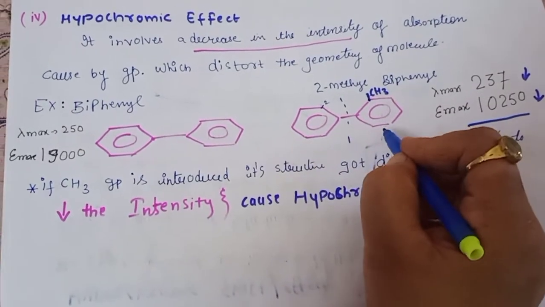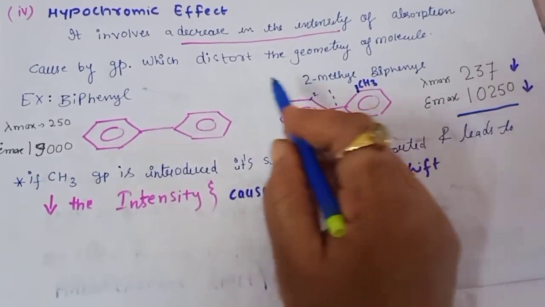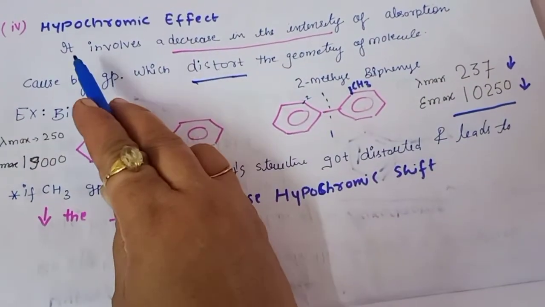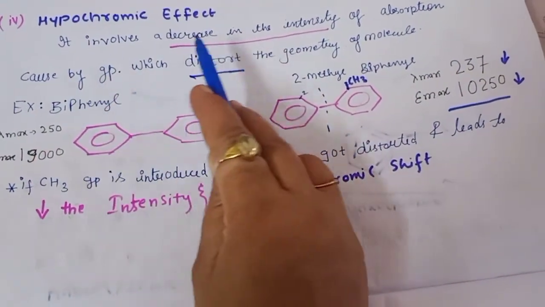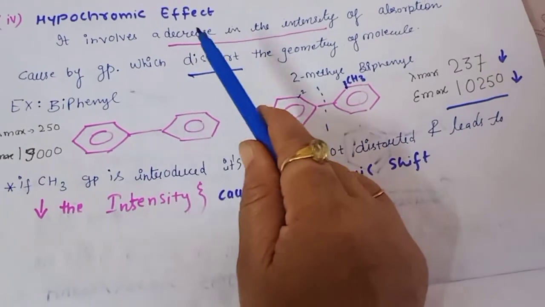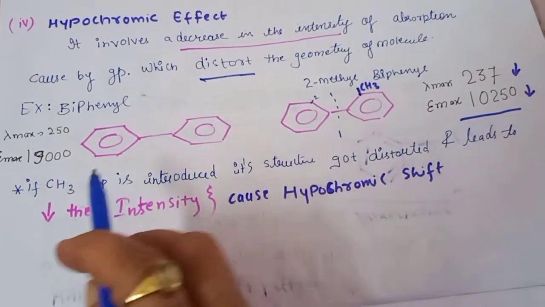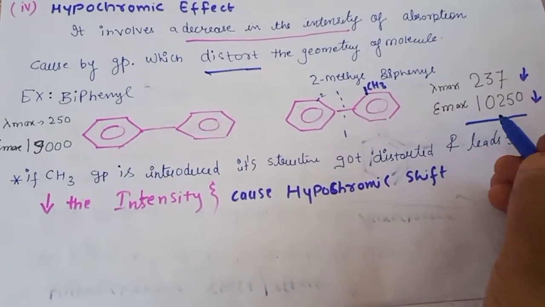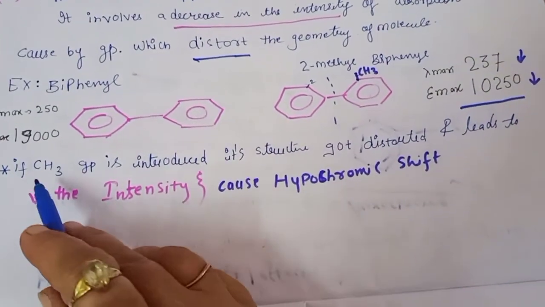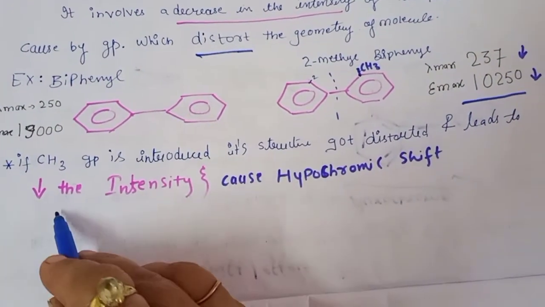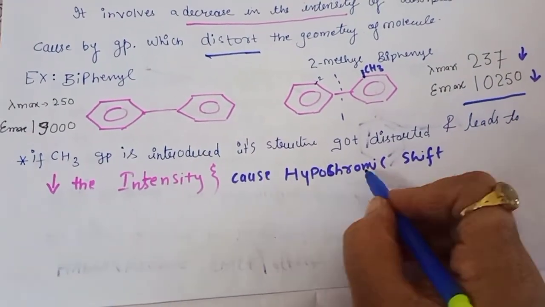So distortion came, and as a result of the distortion in the geometry, the molecule undergoes the hypochromic shift or the hypochromic effect. So this involves a decrease in the intensity of the absorption. So the intensity value decreased from 19,000 to 10,250. So if a CH3 group is introduced, the structure gets distorted and it leads to a decrease in the intensity. It causes the hypochromic shift.